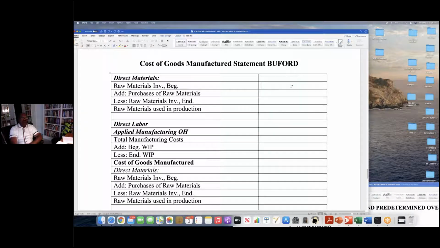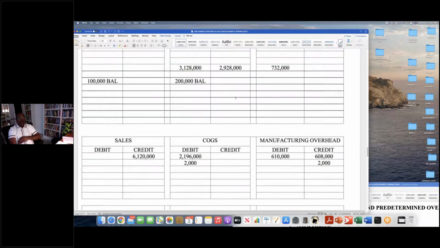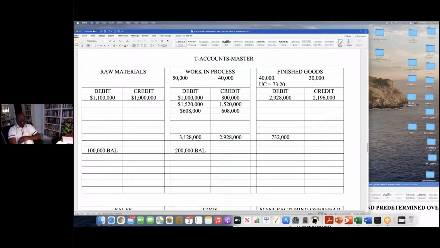So our beginning raw materials inventory was 0, correct? And how much did we purchase of raw materials? I gotta go back and look. 1,100,000.